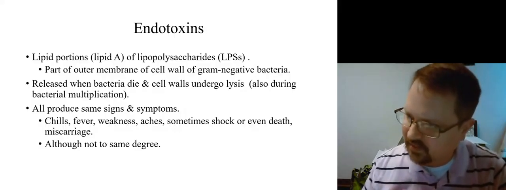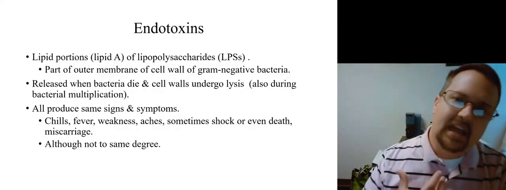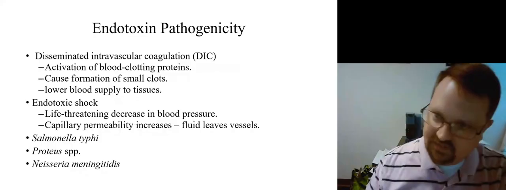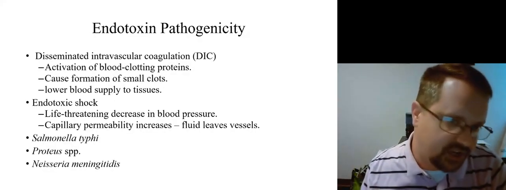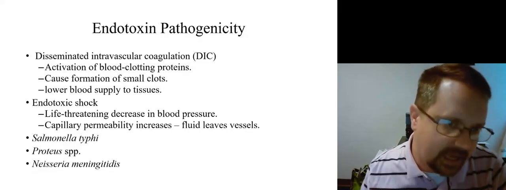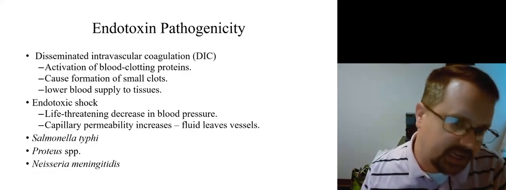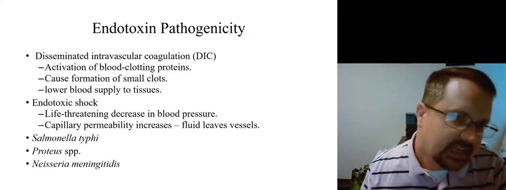But the thing is, this can set off the complement cascade and set off other parts of our non-specific defenses. Endotoxins can be very pathogenic. It can cause disseminated intravascular coagulation, what we call DIC, activation of blood clotting proteins, small blood clots, slower blood supply to tissues.